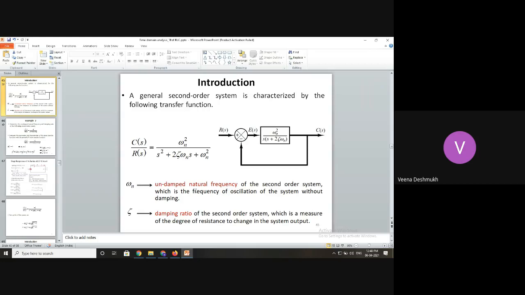So, this causes damping. Again, when there are L and C components, for our analysis we assume them to be ideal, but there is no ideal component as such.